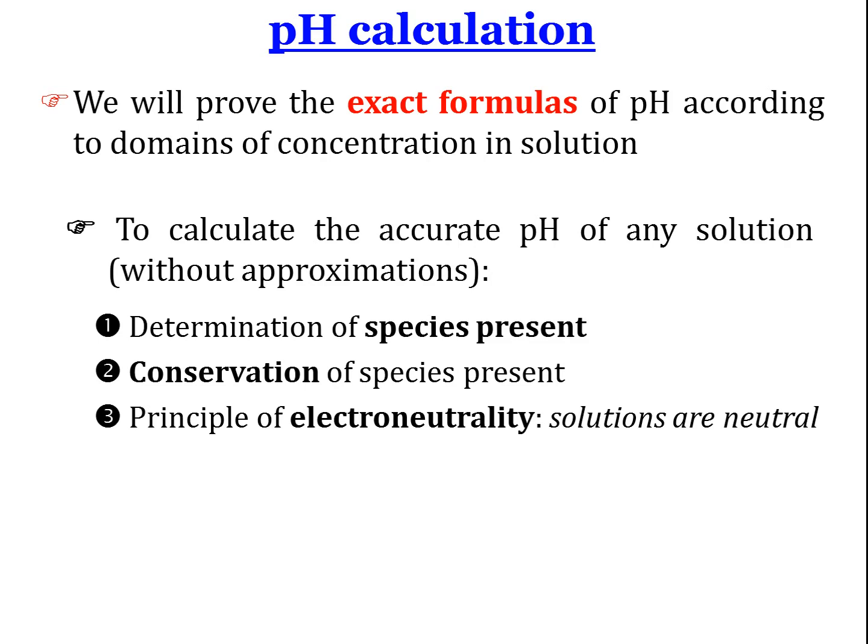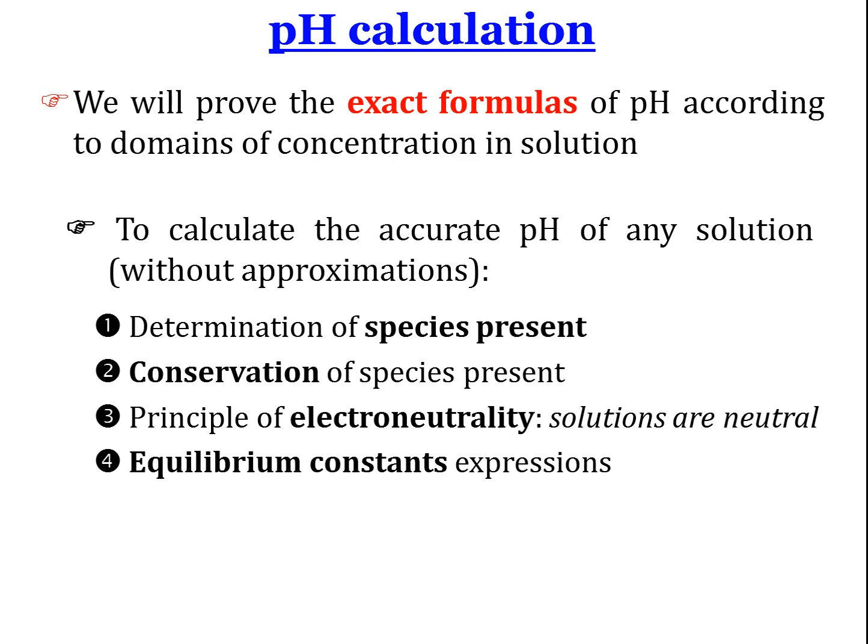In step 3, we apply the principle of electroneutrality, based on the solution being neutral. The equivalent charge of positive is equal to the equivalent charge of the negative, or simply the sum Zi Ci is equal to 0.